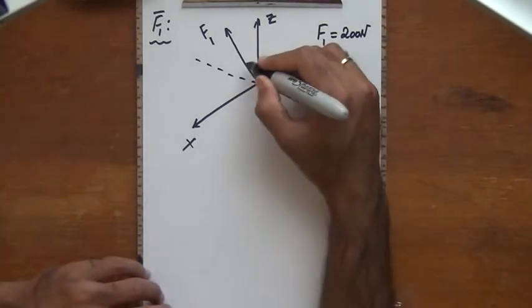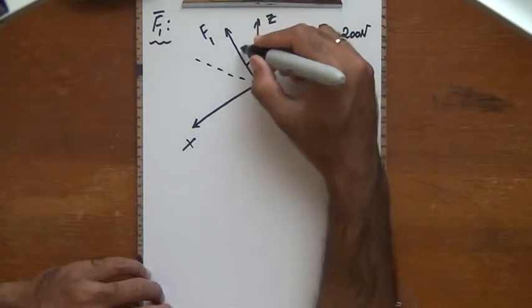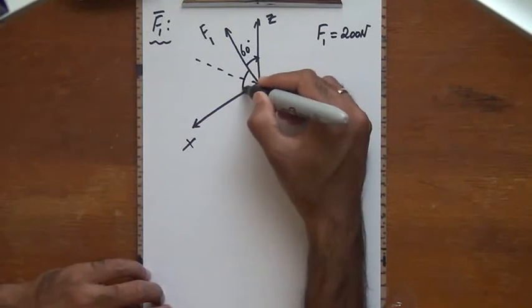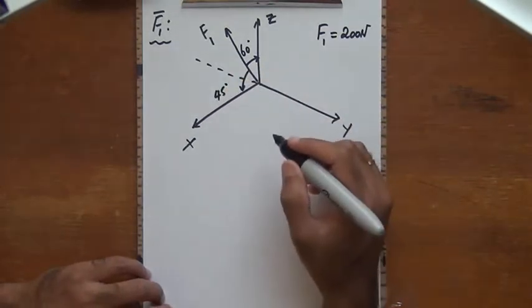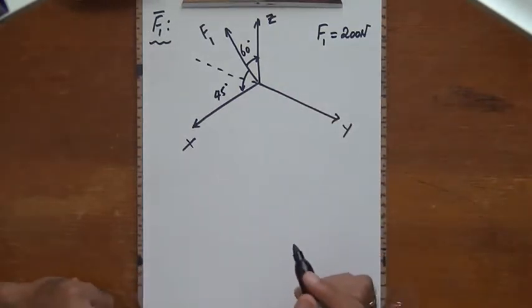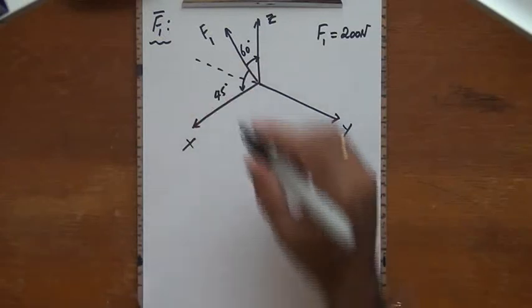Then two angles are given to us. I see that one of them is the 45-degree angle and the other is the 60-degree angle. So this is 60 degrees. Then this is 45 degrees. And then I can finally realize that if I'm looking for the third coordinate direction angle, then this has to be an obtuse angle based on the way the force F1 is constructed.